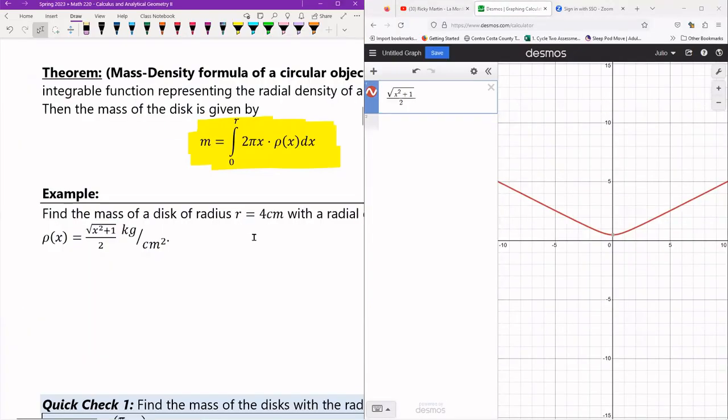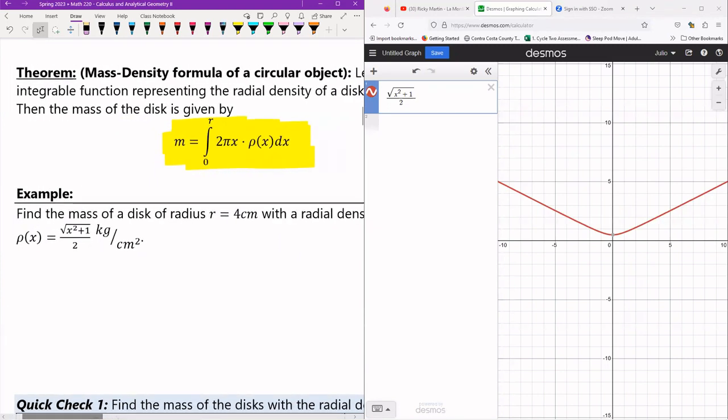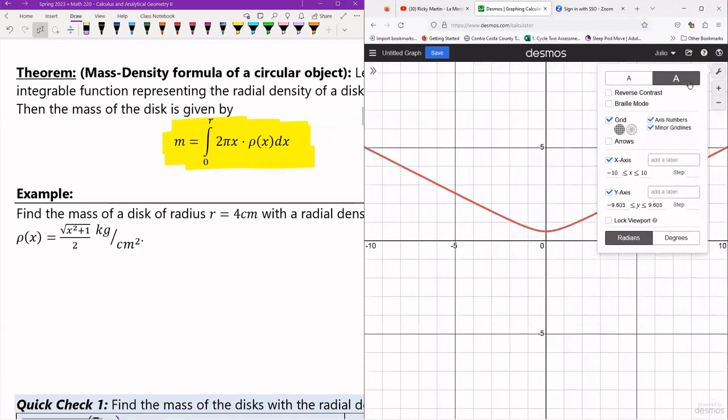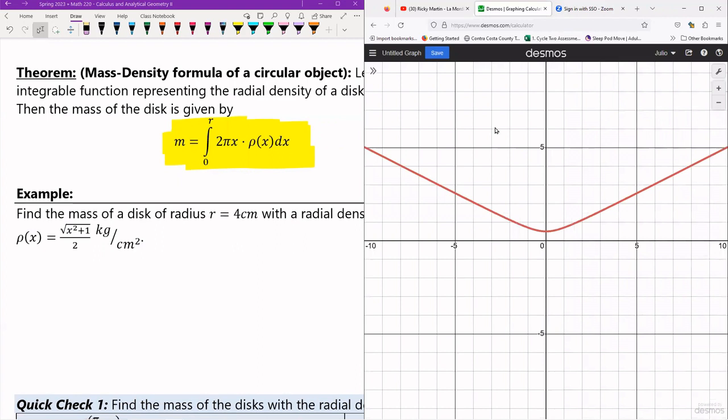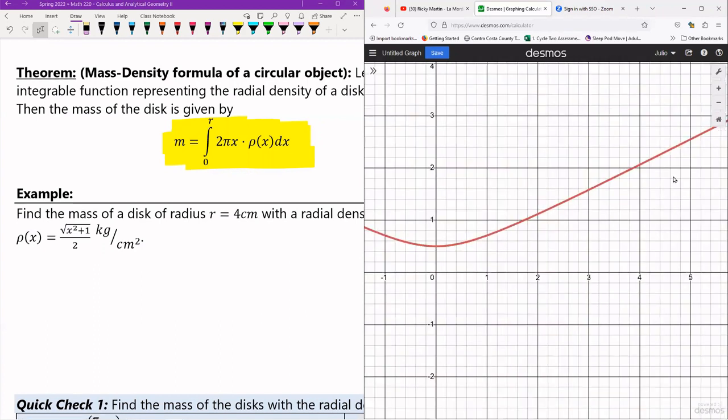So what we have on the right-hand side is the graph of rho of x. If you take a look, it goes from 0 to 4, so it only goes up to 4, up to this point right here.